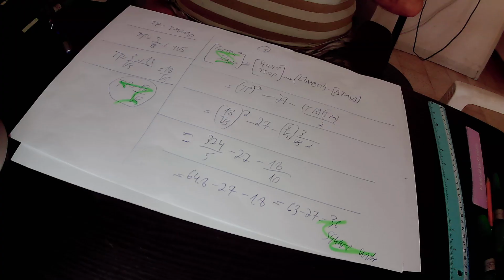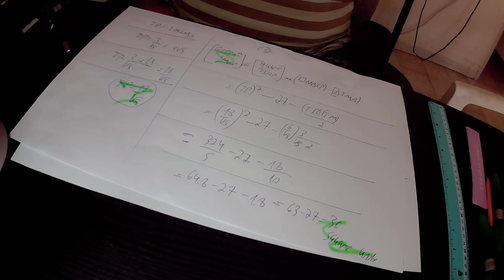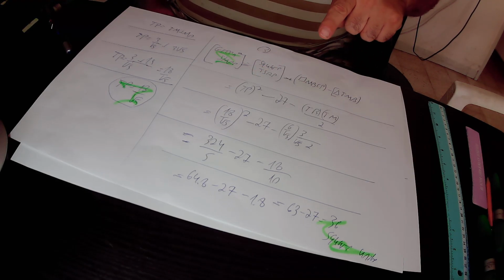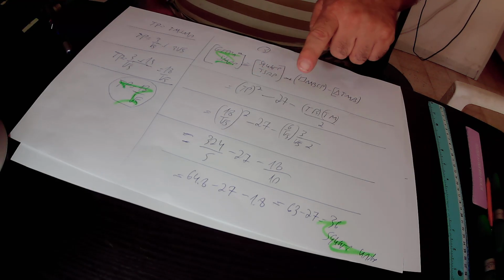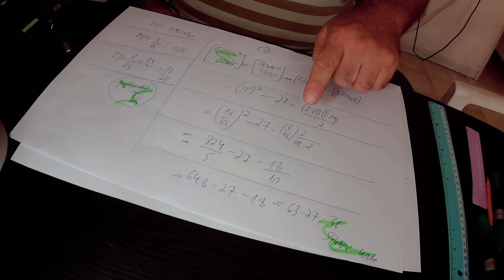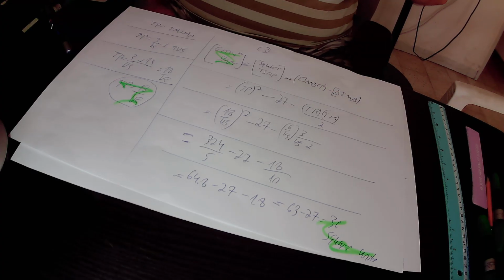So TP equals 18 over square root of 5, therefore TP squared is 18 over square root of 5 squared, minus the area of quadrilateral MBCP, which is 27, and minus the area of the small right triangle TMB, which equals 6 times 3 over square root of 5 times square root of 5 times 2.